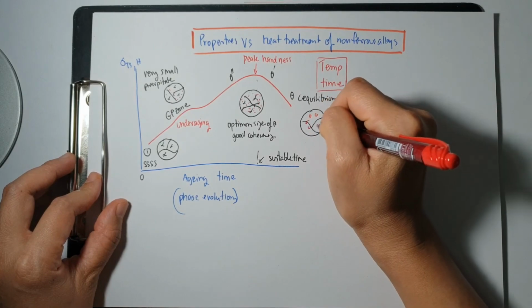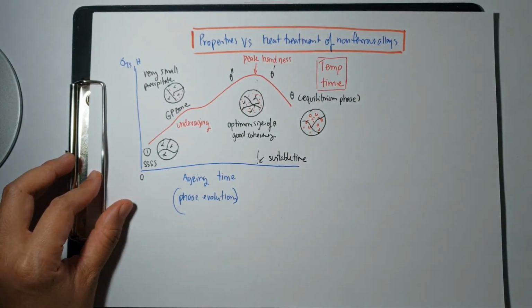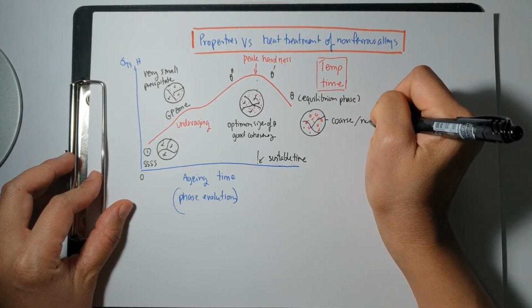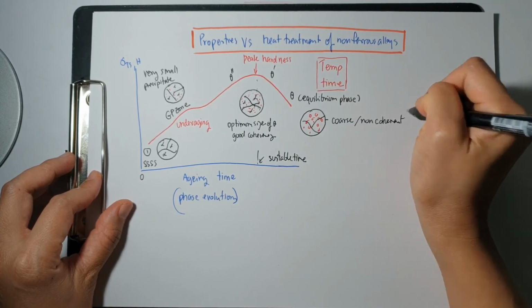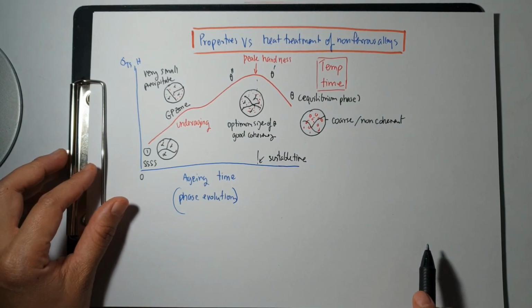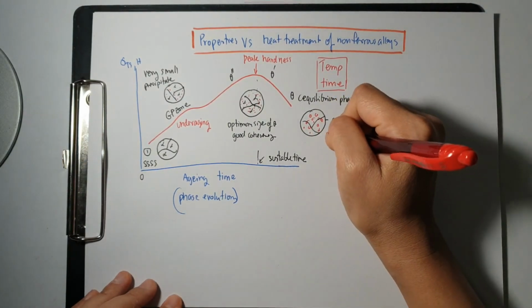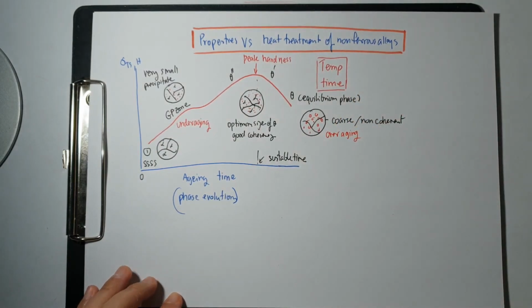As we can see over here, when it grows too big, the phase is too coarse and non-coherent. This is not contributing to the peak hardness. So now we are arriving at over-aging that we don't want.